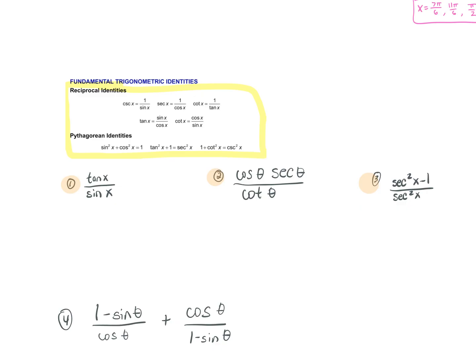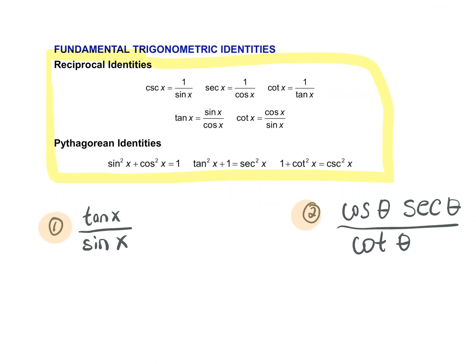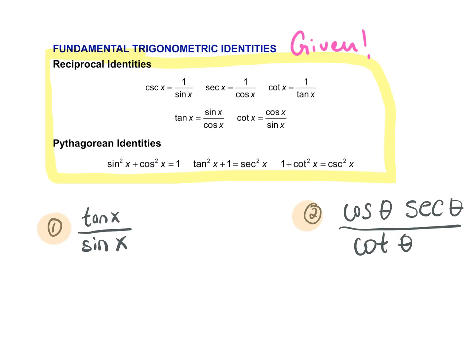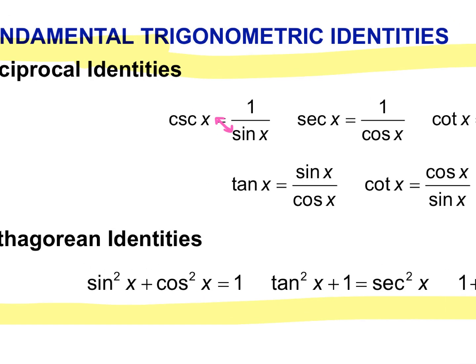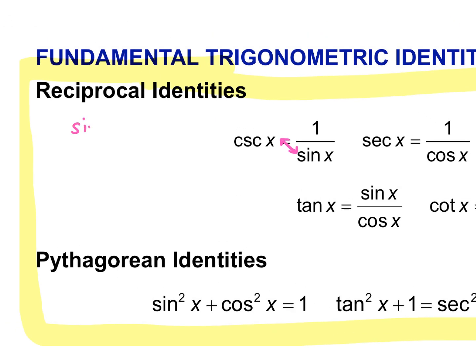So in the next part, we're simplifying our trig identities. This is going to be given to you on the test. And then it's important to know that with your reciprocal identities, these can be flipped. So we could say that sine of x equals 1 over cosecant.